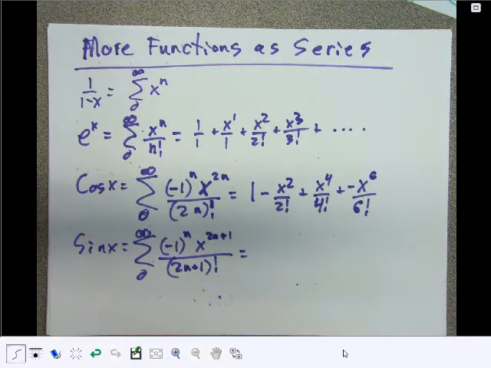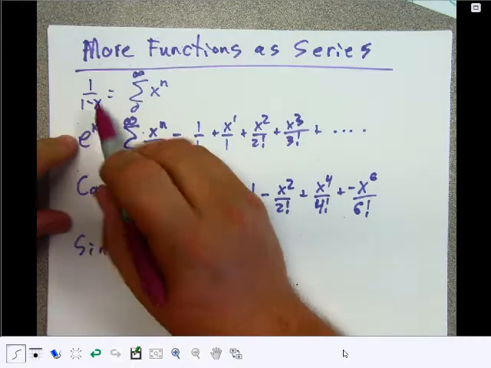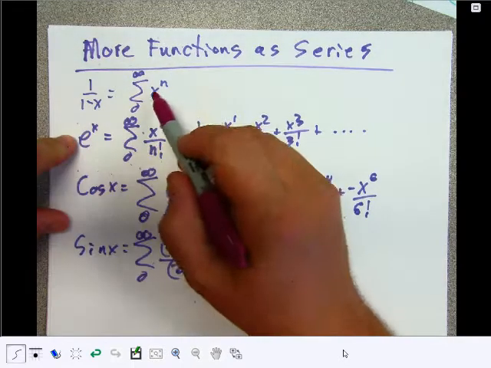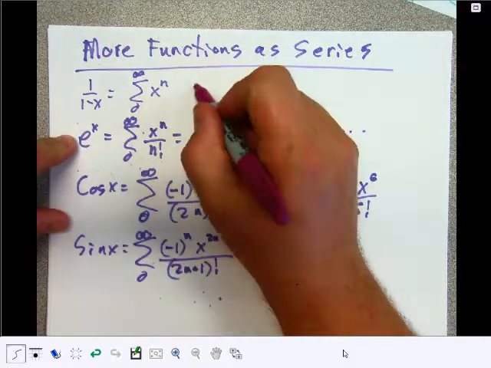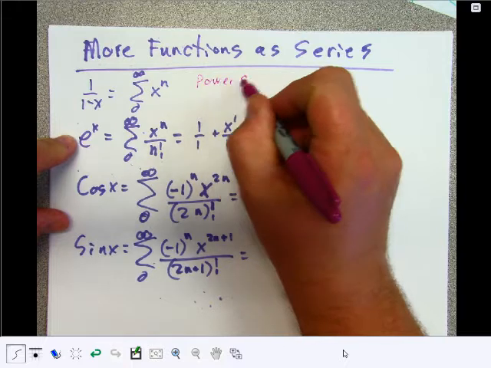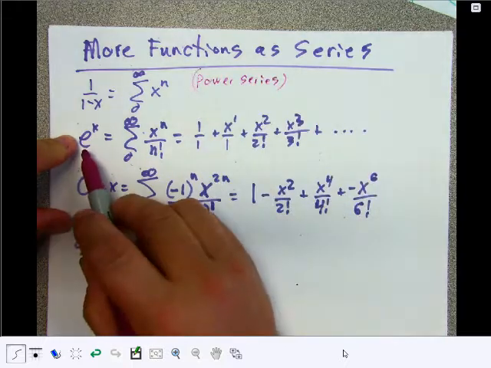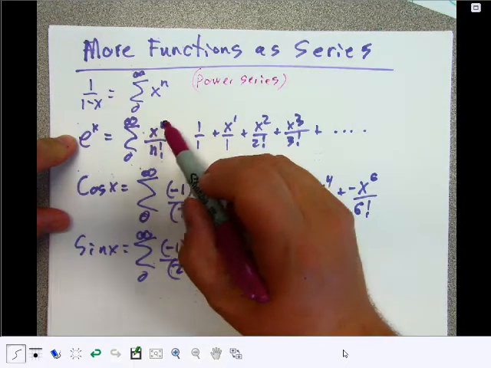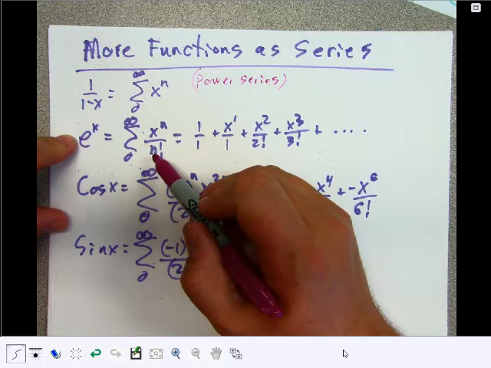So with that, we need to talk about e to the x. Whereas 1 over 1 minus x was simply x to the 0, x to the first, x to the second, a power series. Again, remember, power series. Here, e to the x is going to be somewhat more complicated. It's going to be x to the n, but it's divided by n factorial, so it brings along its own coefficients.